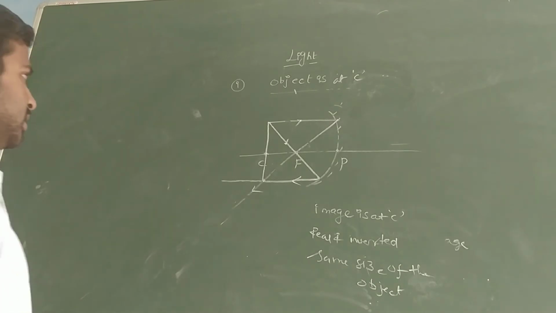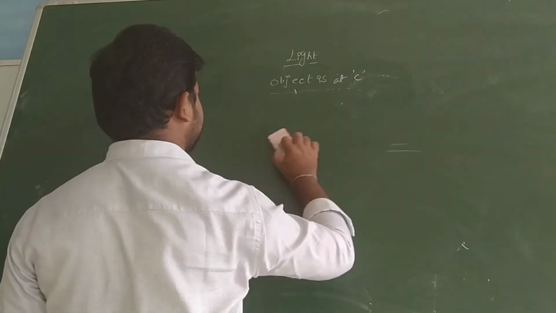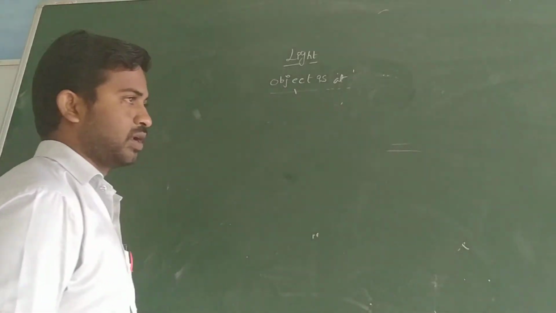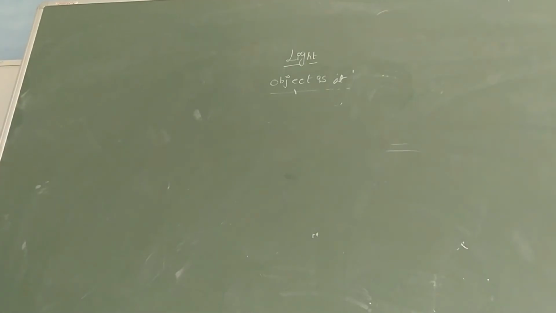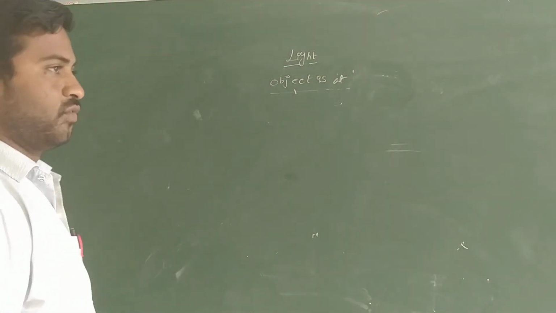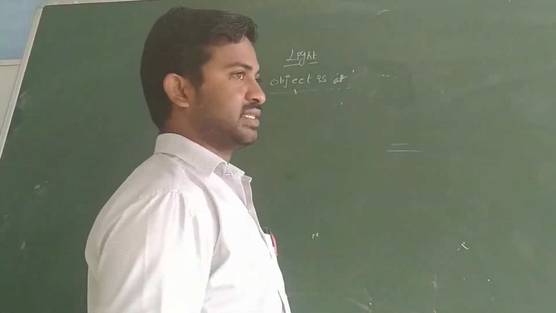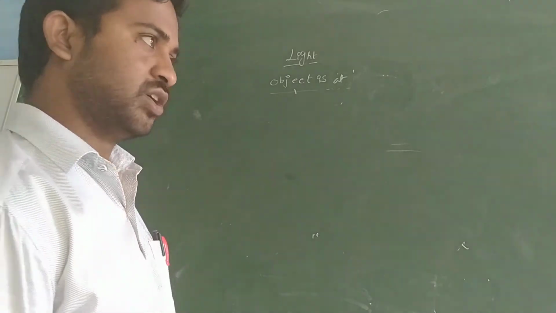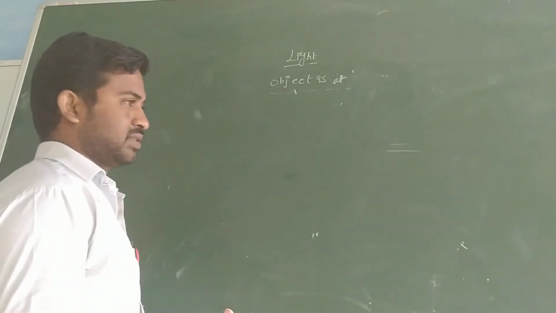And the last one. So here we discussed the different positions. First we discussed where the image forms when the object is at infinity. When we keep the object at focus, where the image will form. When the object is beyond C, where the image forms. When the object is in between C and F, and when the object is at C, where the image forms, and what is the nature of the image.